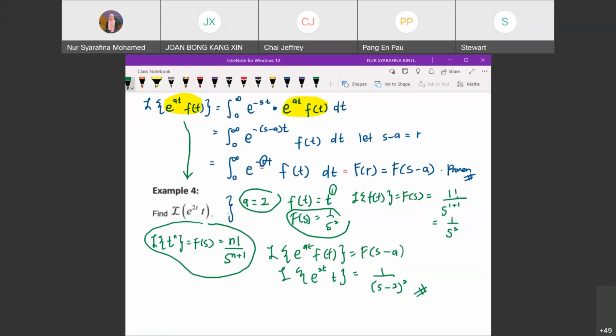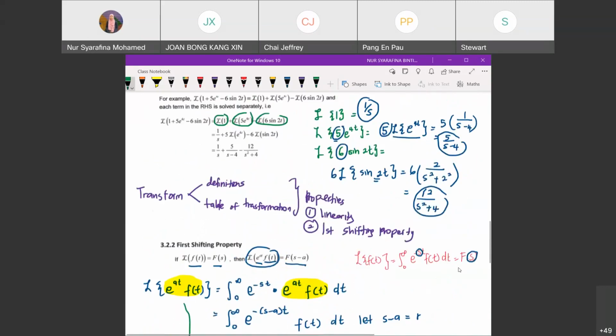All right, clear? So this is the first shifting property.